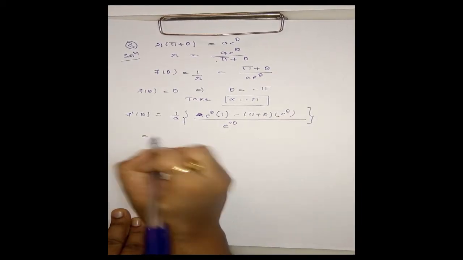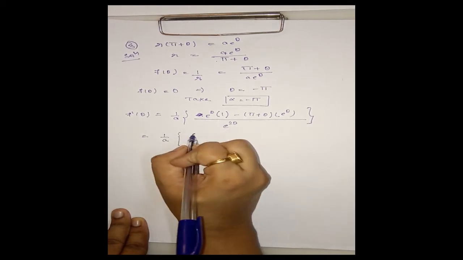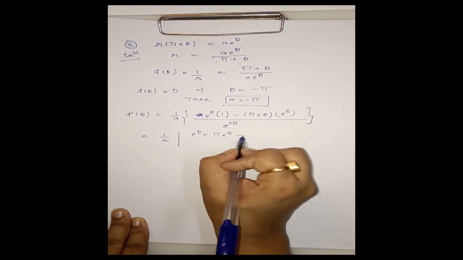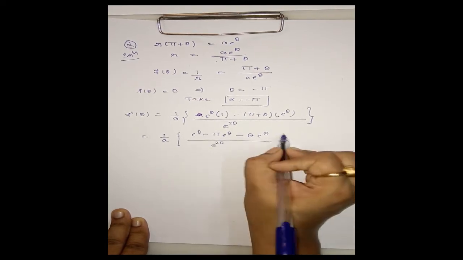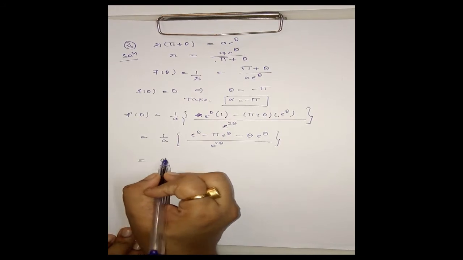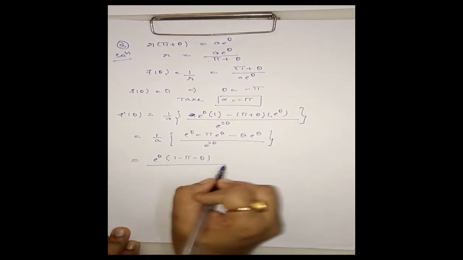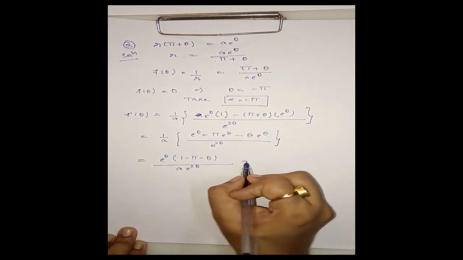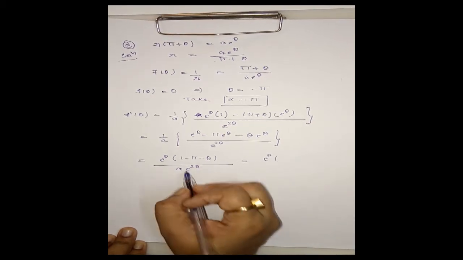This is equal to 1 by a times (e^theta minus pi e^theta minus theta e^theta) by e^2theta. That means this is equal to e^theta(1 minus pi minus theta) upon a e^2theta, or it can be further written with e^theta getting cancelled out.